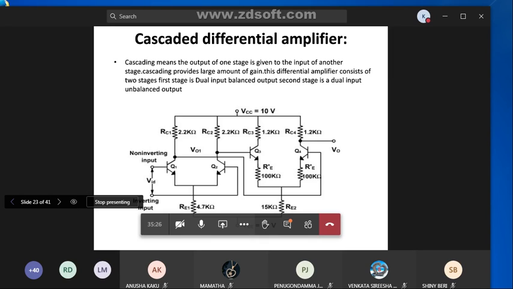In the transformer coupled amplifier, we use the transformer to couple the two stages. In the direct coupled amplifier, we directly connect the output of the first stage to the input of the second stage, right? That is the direct coupled amplifier.